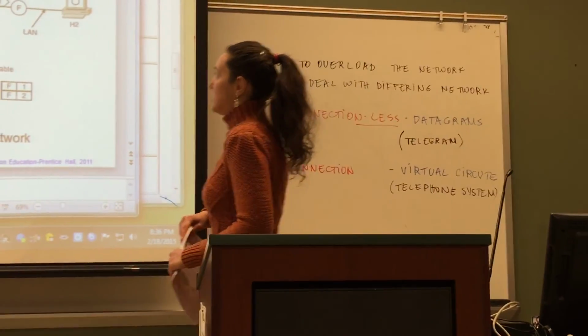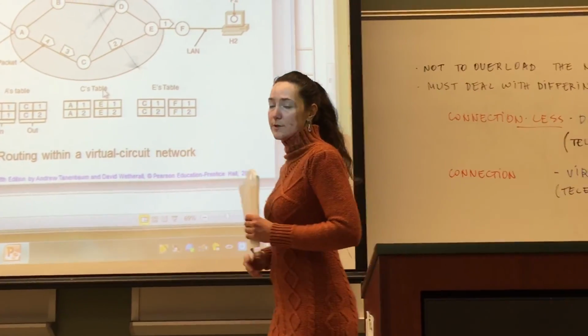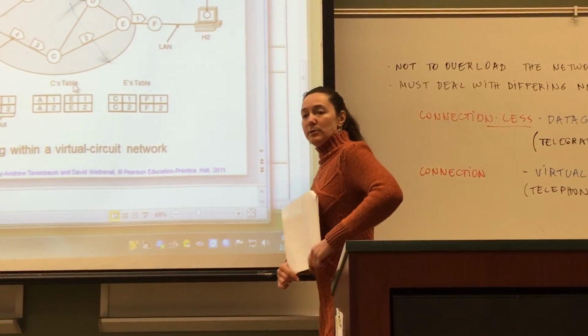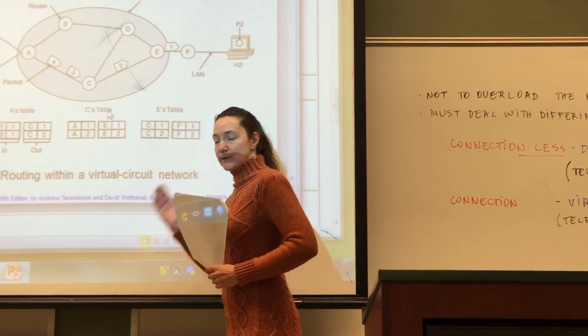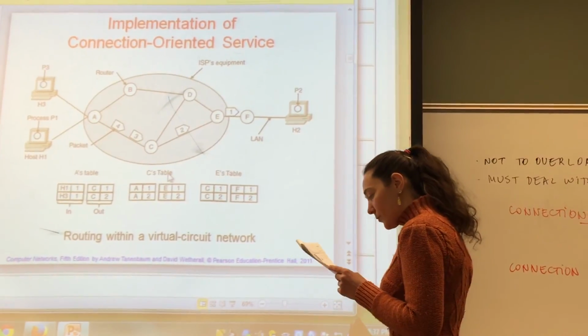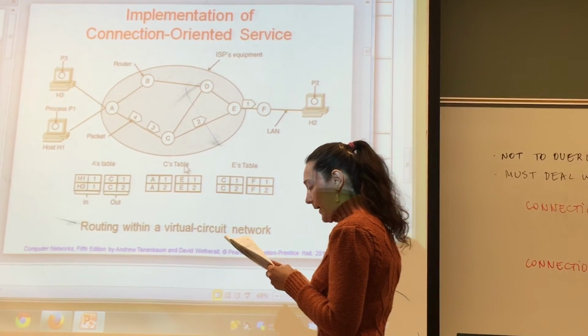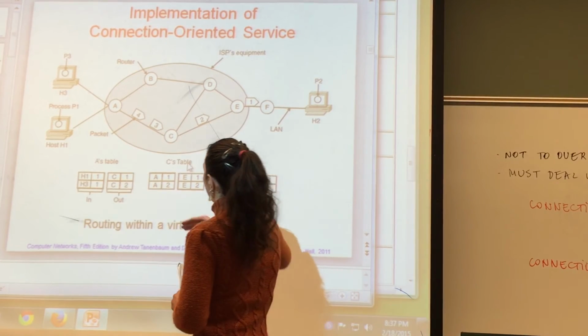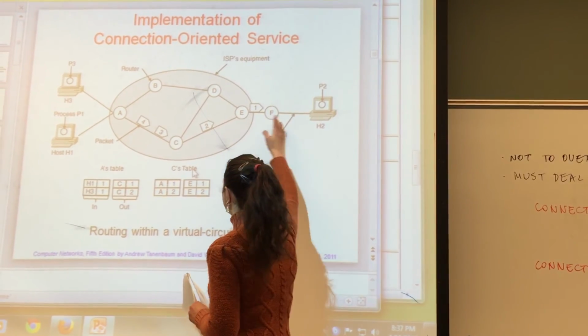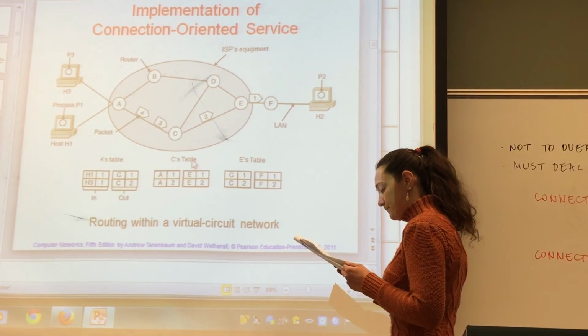That same situation happens if there's going to be a connection with the packets that we're sending. First, there has to be an established connection between the sending machine and the receiving machine. We choose a path, and we always follow that path for all of the communication that goes between the sender and the receiver.